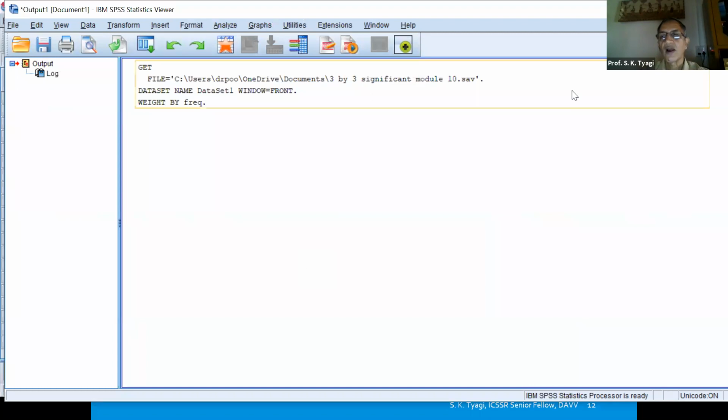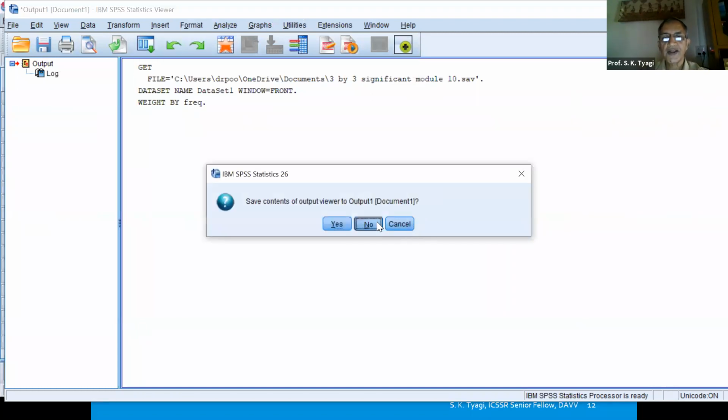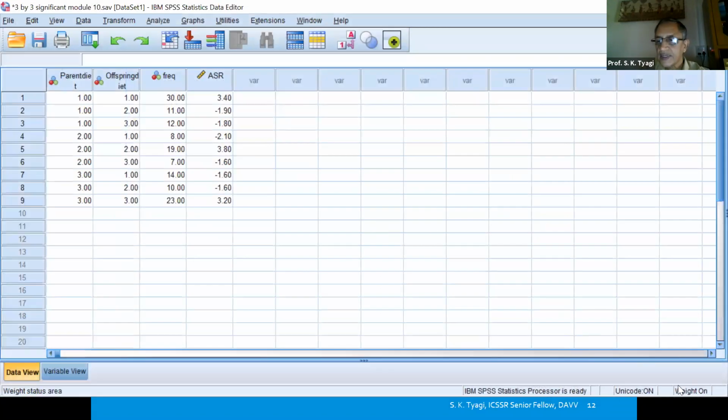So it has done it. Now go to the data. At the bottom right hand side, you have weight on. This shows that now whatever you do, it will be done using this weight on.